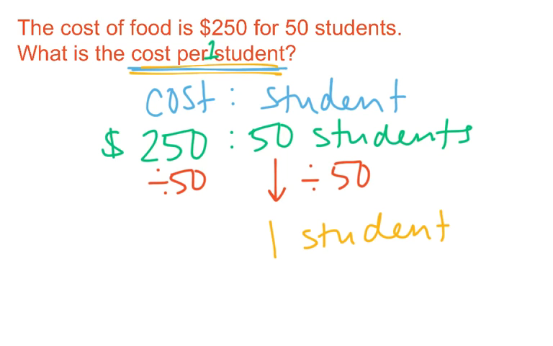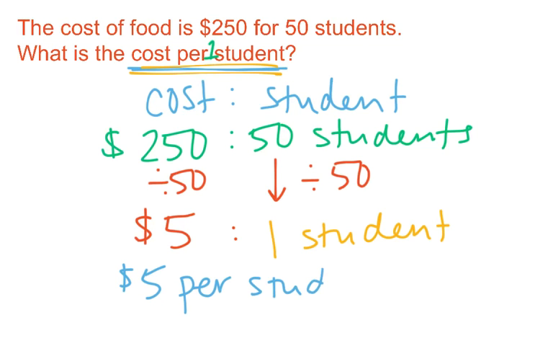So when we do 250 divided by 50, we get $5. So the cost of food is going to be $5 per student, $5 for every student, or $5 for each student.